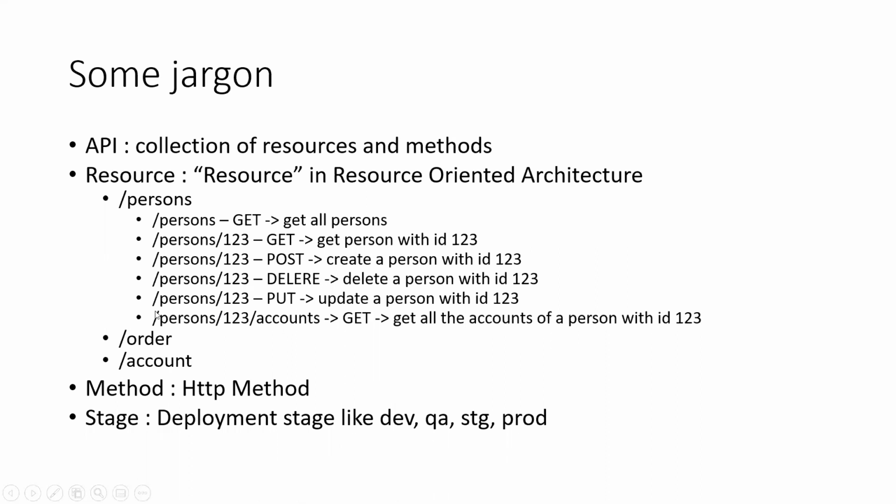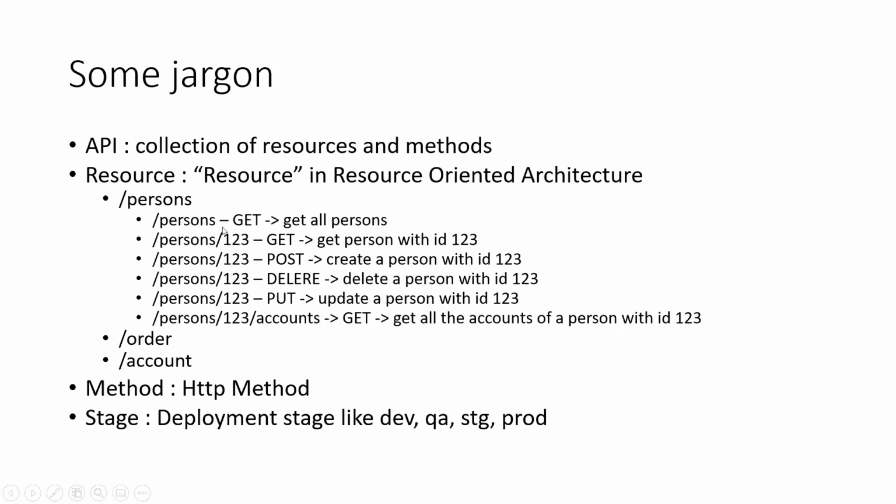I'm not sure how many of you are familiar with this whole resource-oriented architecture and REST taxonomy. This is a kind of REST nomenclature, okay? Slash order, slash account, these are different microservices. So that's about the resource. The resource is supposed to be a noun, your person, your weather. Let's say we are exposing the weather for each zip code.